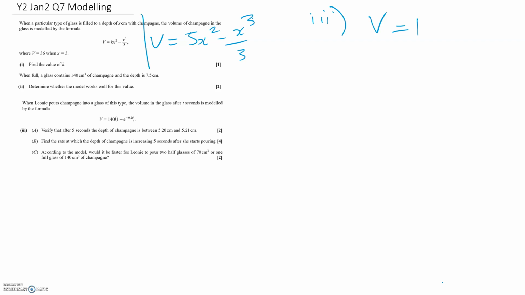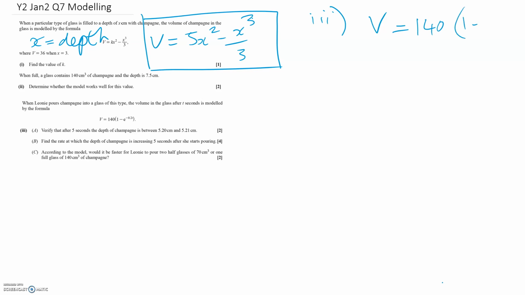So this model is how the volume changes with respect to x, which is the depth of the glass, whereas this model is how the volume changes with respect to the time t. So we now have two different models.